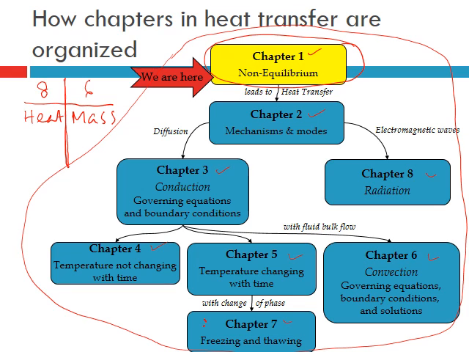So the first one is simply a transition from thermo, and it's going to basically talk about energy conservation that we are going to use to do some energy balance problems.